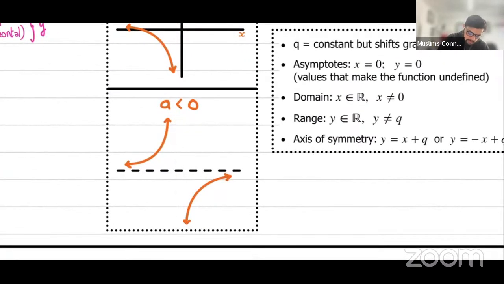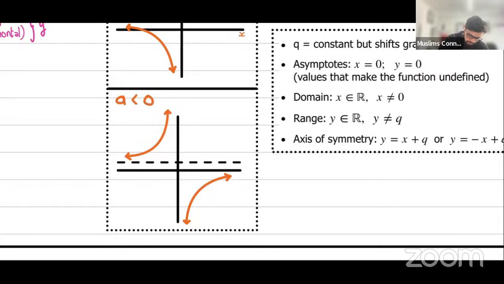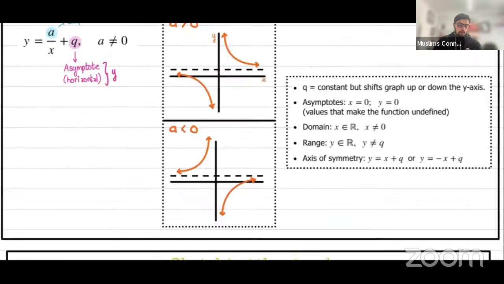We just patch it up a little bit, and then create an x-axis and move it all a little bit up. So A determines the shape.